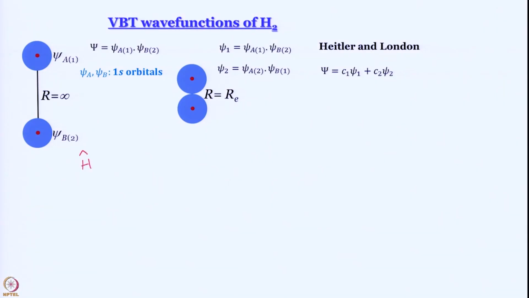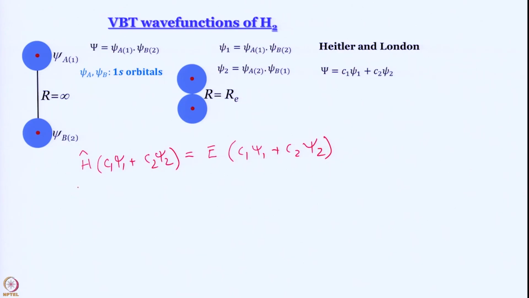H operates on C1 psi 1 plus C2 psi 2 to give me something. I will just call it E for now, times C1 psi 1 plus C2 psi 2. Well, we have done similar things earlier. So, what we do is we left multiply by psi 1 and integrate over all space.